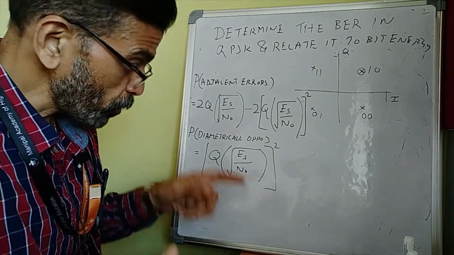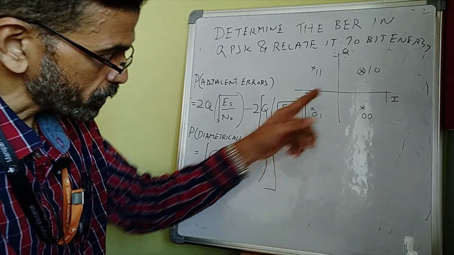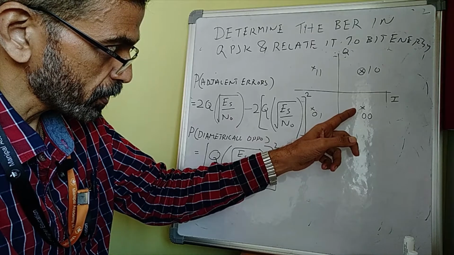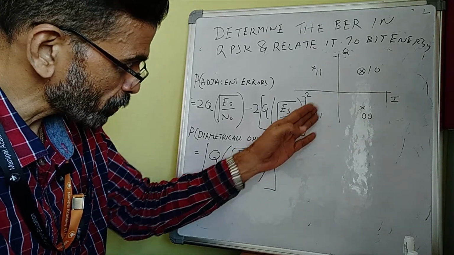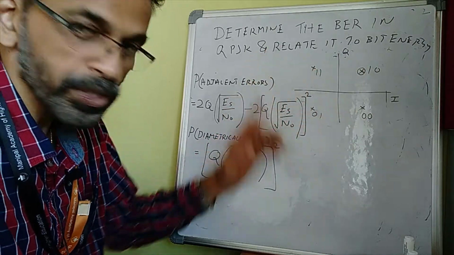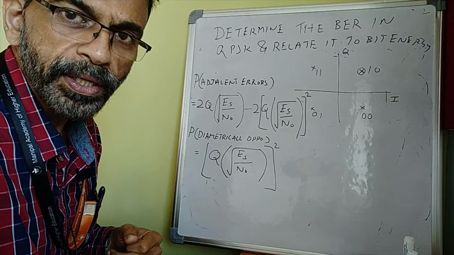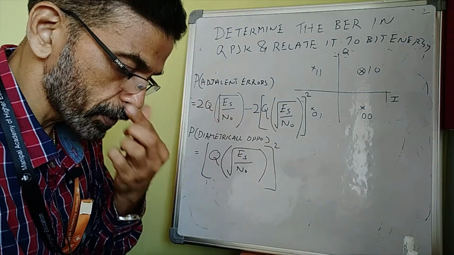The sum of these two will give you the probability of error in a symbol, because if a symbol is detected erroneously, it is detected as some other signal, so the possibilities are that it's either detected as one of the two adjacent ones or the one which is diametrically opposite. So if you add these two probabilities, you will get the probability of symbol error in QPSK. That's all known. We have done that earlier.